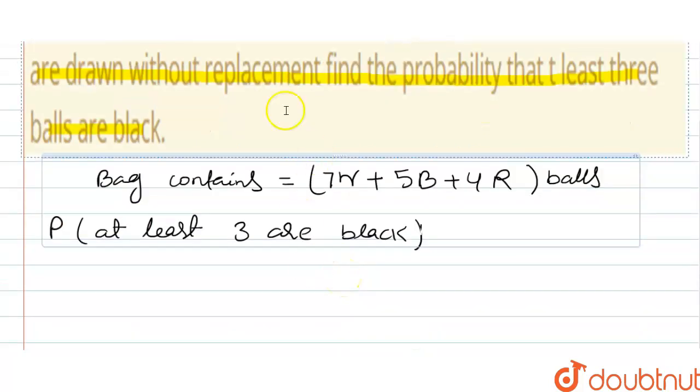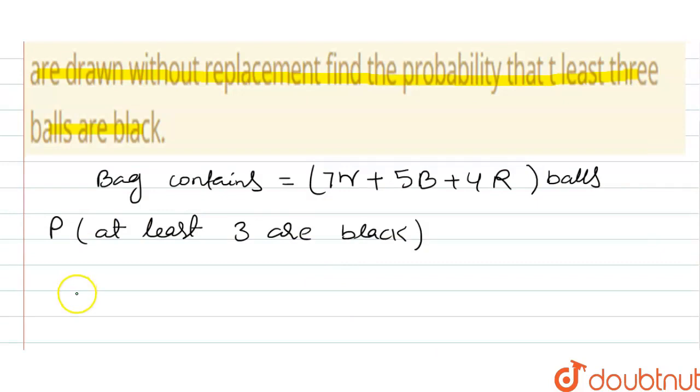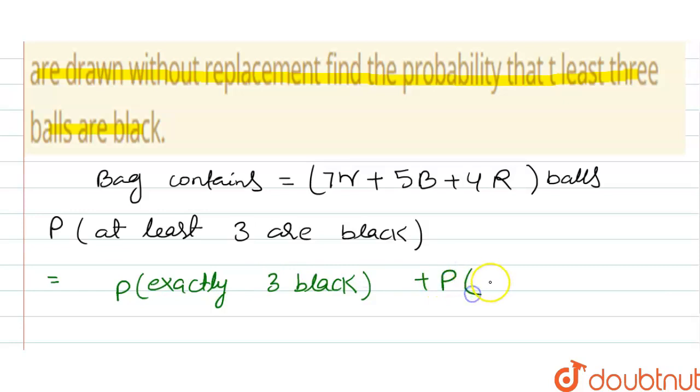Now, probability of exactly 3 black plus probability of all 4 black.